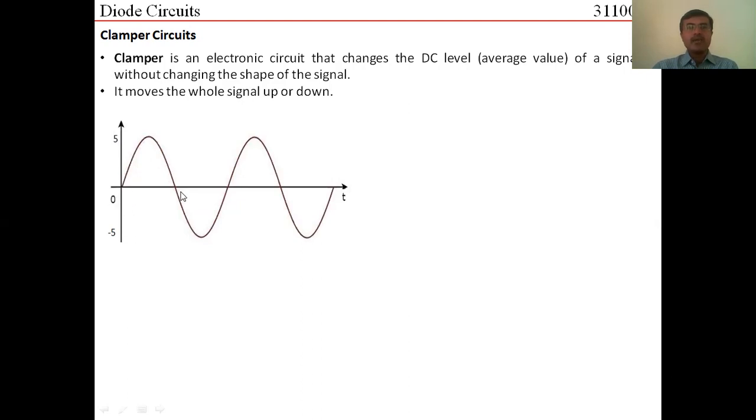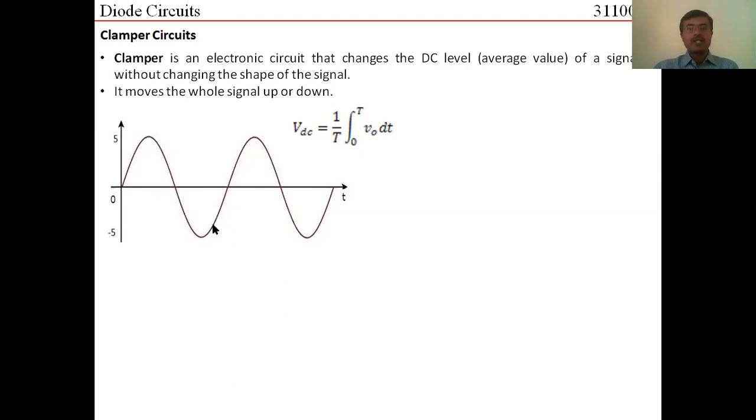If we try to calculate the average value or the DC value of a sinusoidal signal, then we know that the DC value can be calculated by integrating the waveform over one period. That is, VDC is equal to 1 by T, where capital T is the time period, integration 0 to T, V0 dt. So if I integrate this waveform over one period and divide it by the period, what I would get would be the average value or the DC value.